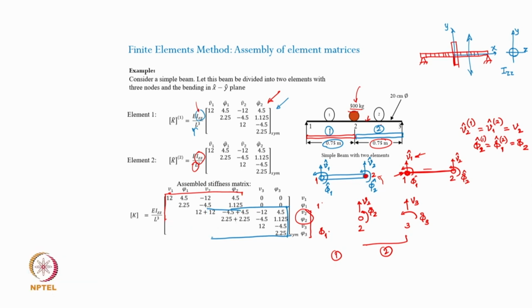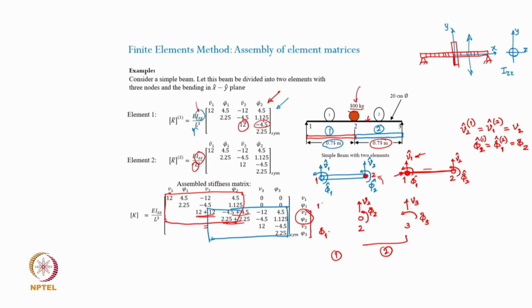So, what you have here is this element for the first finite element, and then this part actually belongs to the first finite element, and of course, here and here there will be overlap and there will be addition of the elements such as this and this and so on.